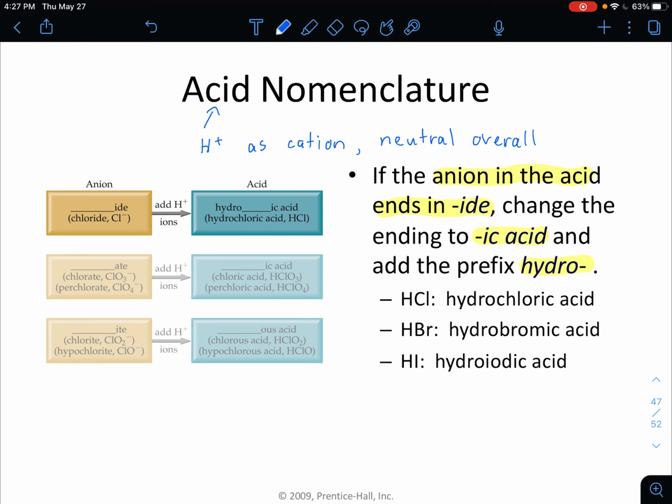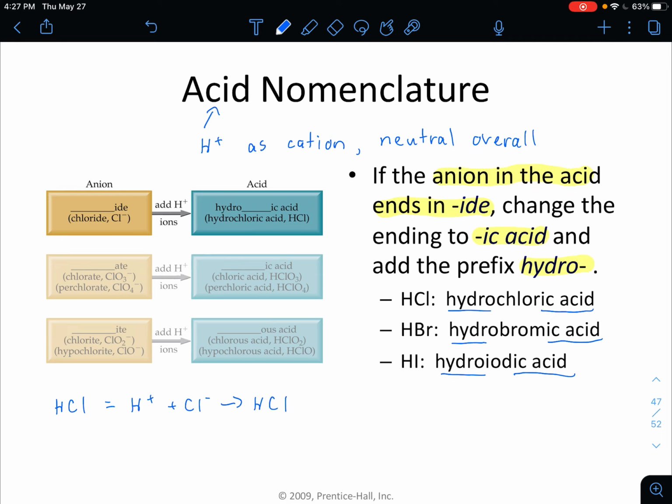So HCl, so that's an H plus and a Cl minus combined together to make HCl. It gets the hydro prefix because there's no oxygen, and the neutral molecule with hydrogen plus as the cation, that's an ic acid, so it becomes hydrochloric acid. Same thing happens for hydrobromic acid and hydroiodic acid.